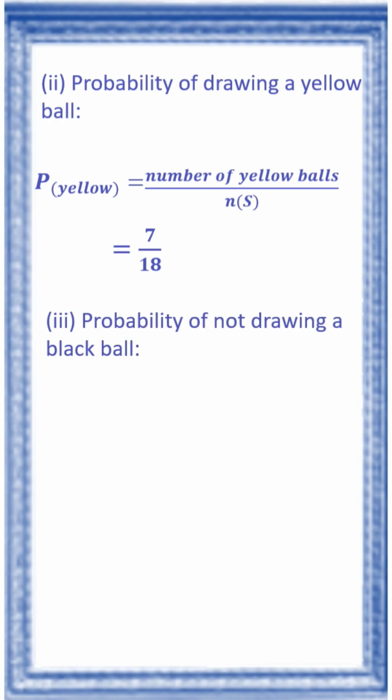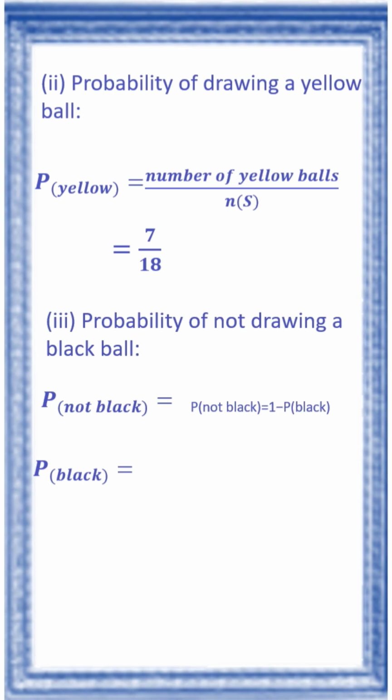Third one. Probability of not drawing a black ball. Here we have to find the probability of black balls. So how can we find not drawing a black ball? That is equal to 1 minus P of black. Now let us find P of black.